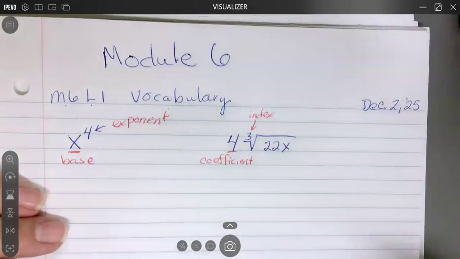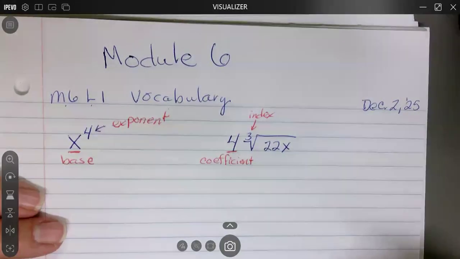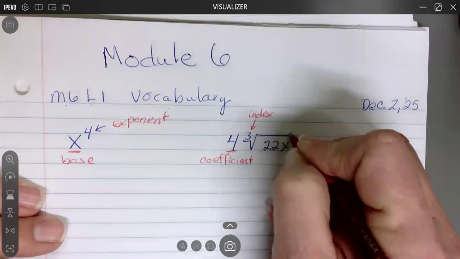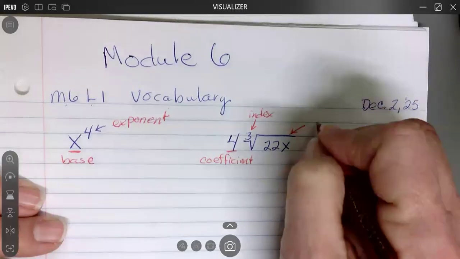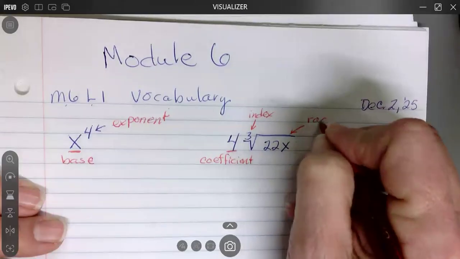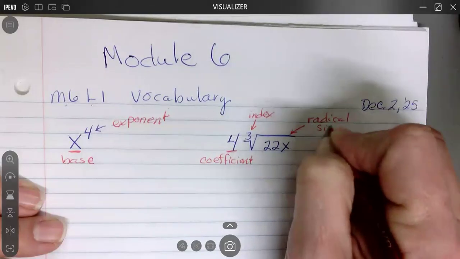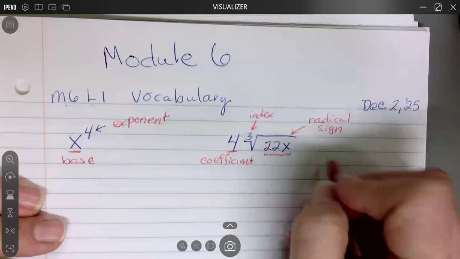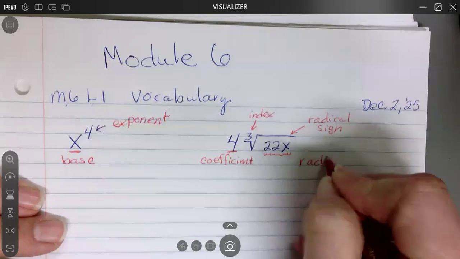Sometimes they'll call it a root as well, like a square root or a cube root. This funny division looking sign is called a radical sign. And that makes whatever's inside that radical sign a radicand.